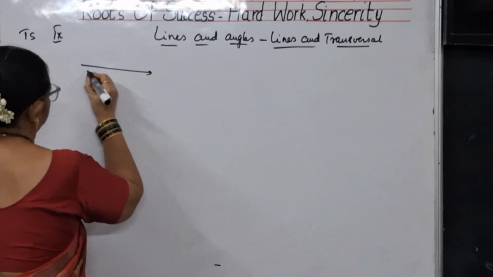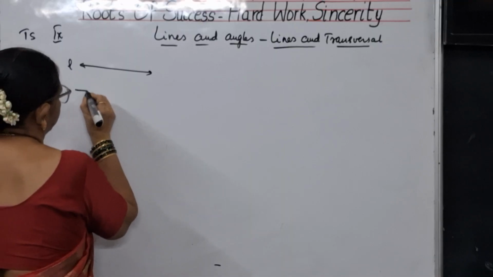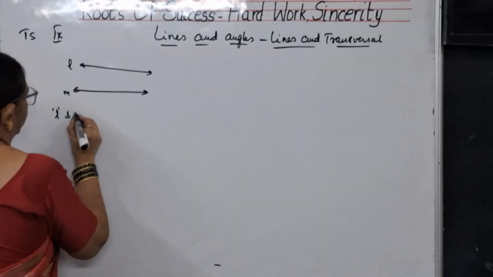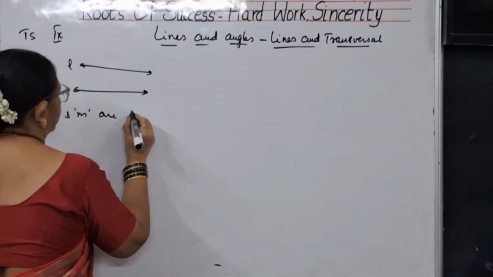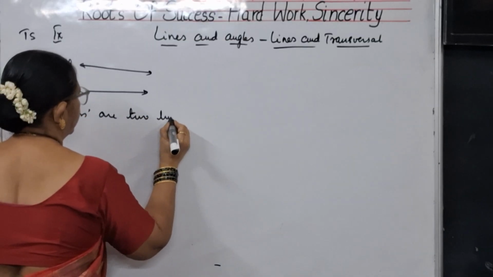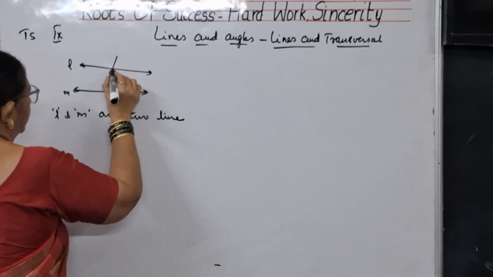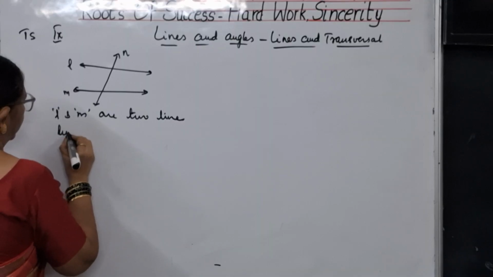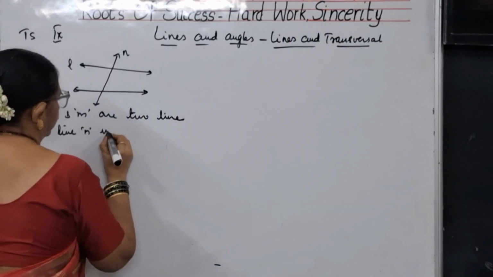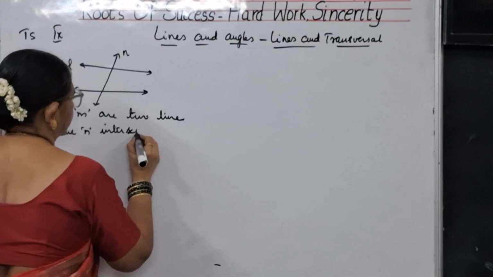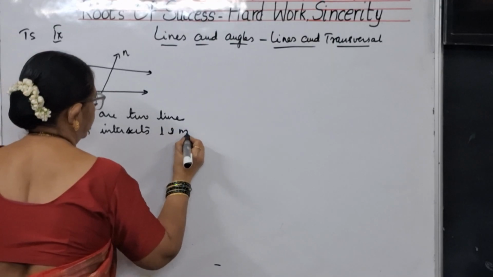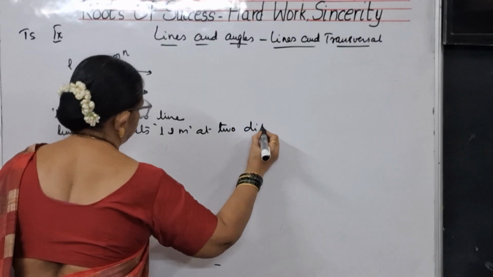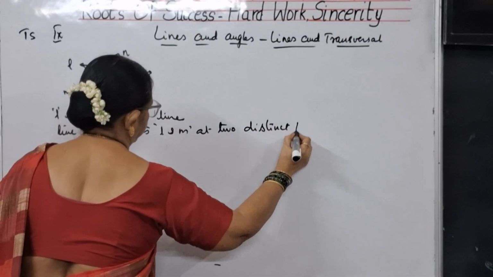Suppose you have got two lines L and M, and then there is another line N. Line N intersects L and M at two distinct points.